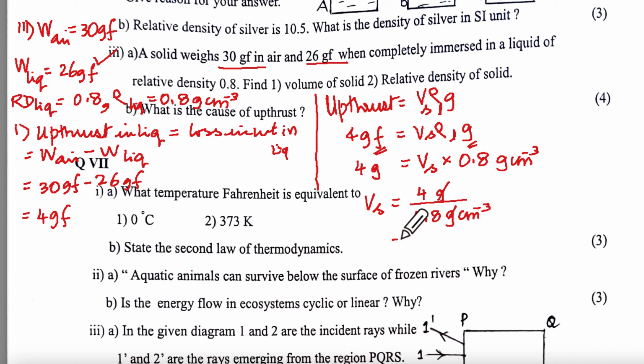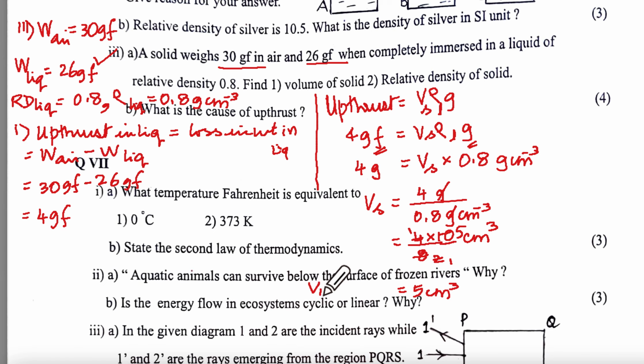So our volume of the solid will be 4 gram upon 0.8 gram per centimeter cube. Gram got cancelled. 4 upon 0.8, and centimeter cube comes up here. What will you get? 5 centimeter cube.